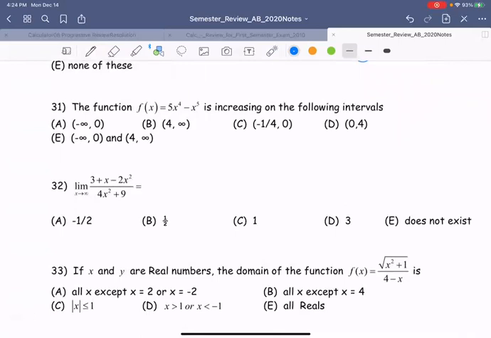This one is asking where it's increasing. So we want to do the derivative, right? That's the one where you make a number line, right? And then you see if it's like plus, minus, minus, plus.